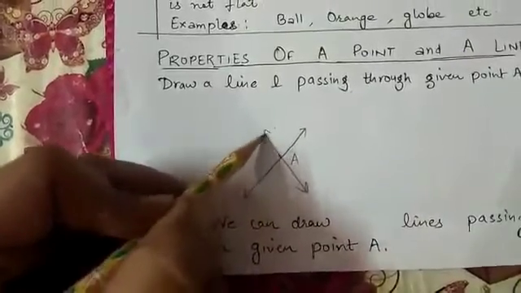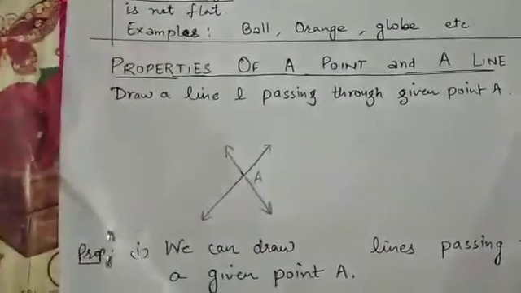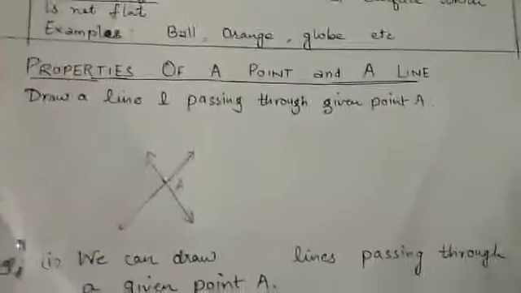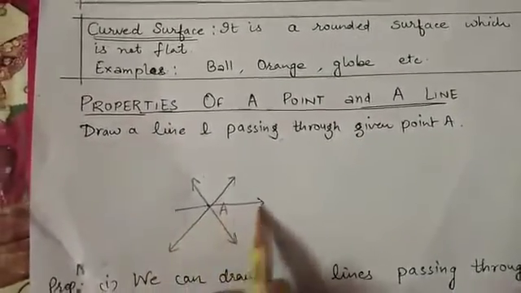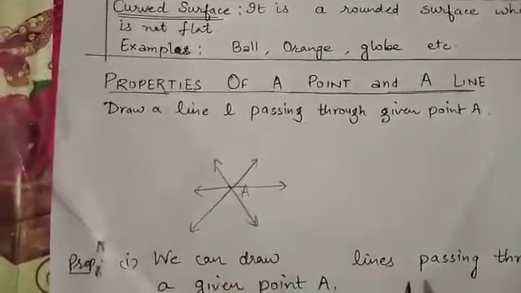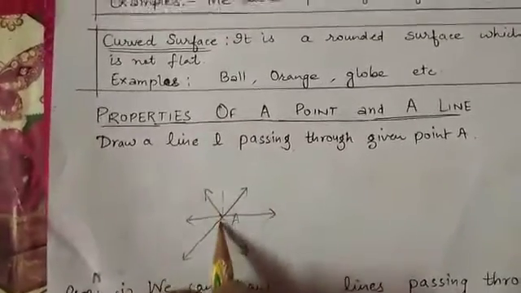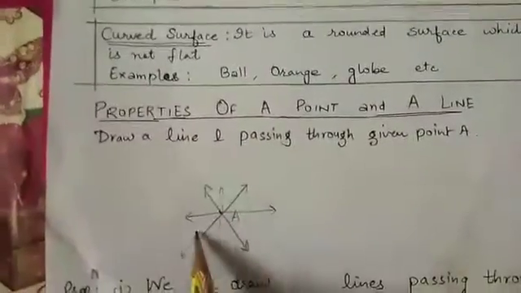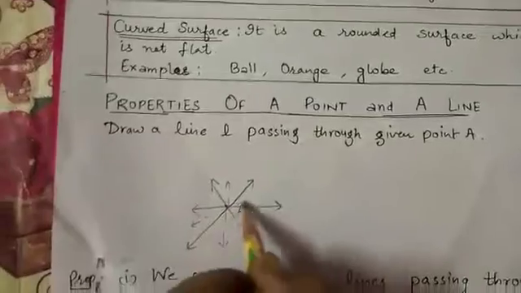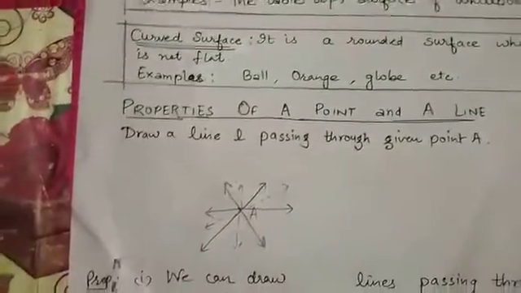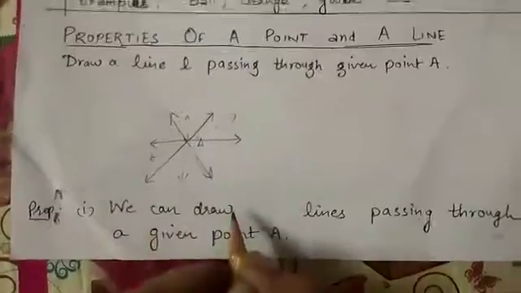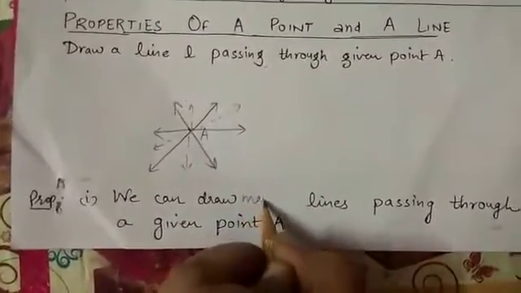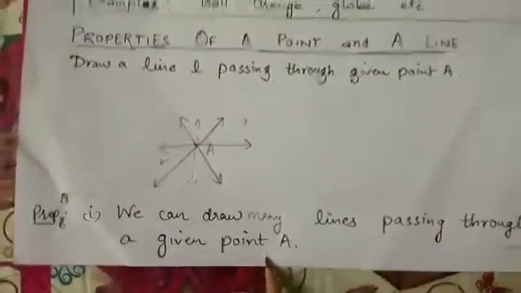You can try in your notebooks also along with me. Now if I wish to draw one more line passing through the same point, is it possible? Yes. Similarly, if I wish, I can draw as many lines as I want. So we can draw many lines passing through a given point A.